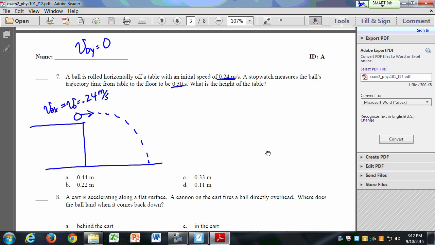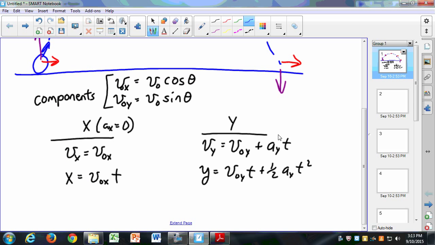I know that the time required to get from top to bottom is 0.3 seconds. I know that the acceleration in the y direction is negative 10 meters per second squared. And I just want to know the height of the table. Let's see, how am I going to solve this? Let's pull up these formulae.